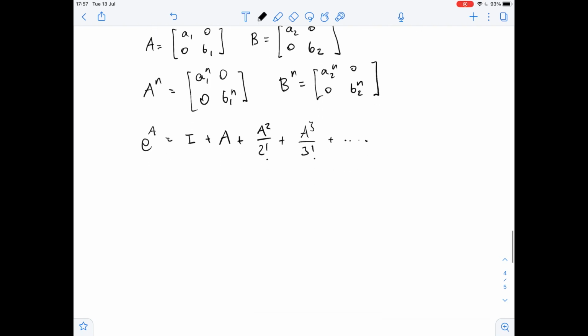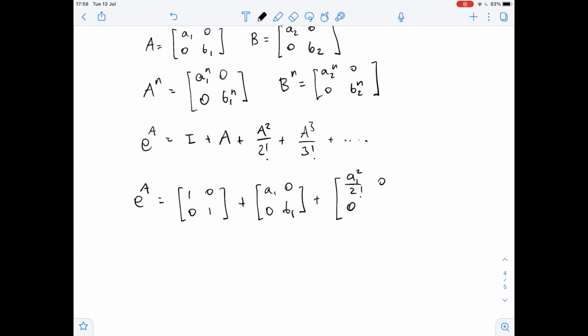So we will put the values and we get that e to the power of A equals identity matrix 1, 0, 0, 1 plus our A matrix, which is A1, 0, 0, B1, plus A squared over 2 factorial, which is A1 squared over 2 factorial, 0, 0, B1 squared over 2 factorial, and so on.